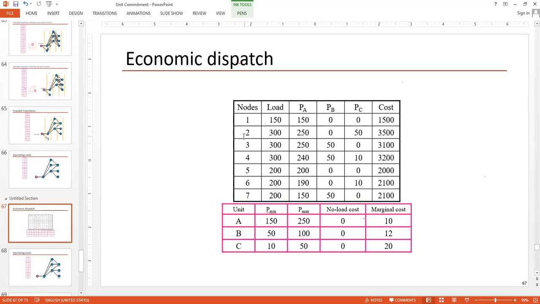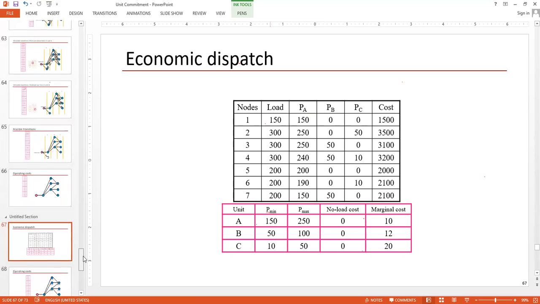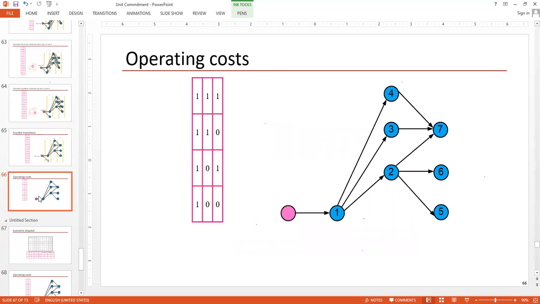Node number 2, the load is 300. So let's go to node number 2. Where is node number 2? Node number 2 is 101. Remember, 2, 3, and 4 belong to hour number 2. Node 1 belongs to hour number 1. The load for node number 1 is 150. The demand for all these nodes at hour number 2 is 300.